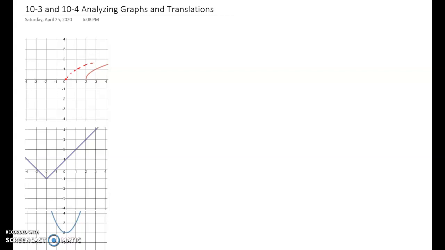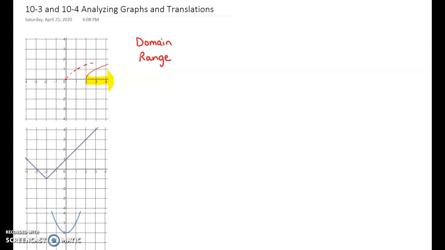From a graph, I should be able to tell what the domain is and what the range is. Now, the way we do domain is we look at the x, all the possible x coordinates. So the furthest left-hand point is at 2, and then all of these x coordinates are possible all the way out to infinity.